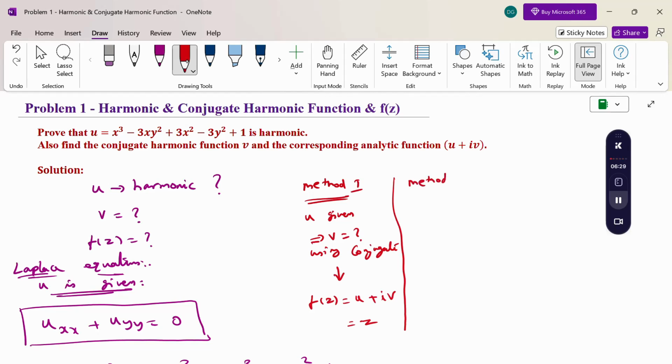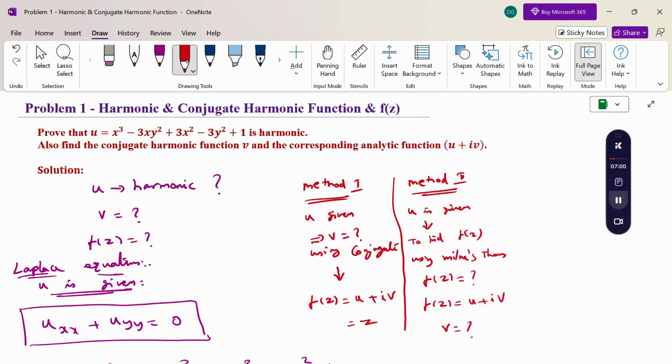And method 2: u is given. To find f of z using Milne-Thomson method, rearrange the equation in the form of u plus iv, and from this find the v value.